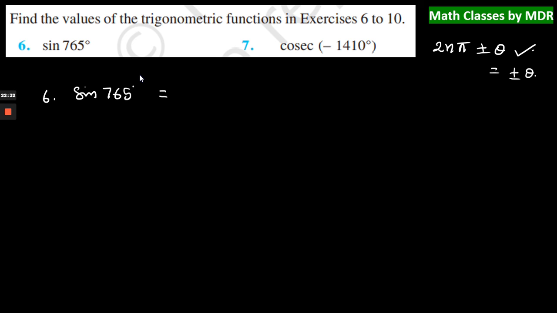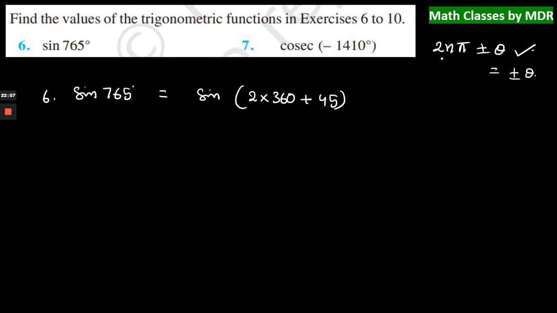So we have to see how many 2π's it is nearby. Sin 765 is near to what multiple of 360? From 360, 405 is far away, so we'll take 2 times 360. So can I write that as sin of 2 times 360, that is 720, plus 45.